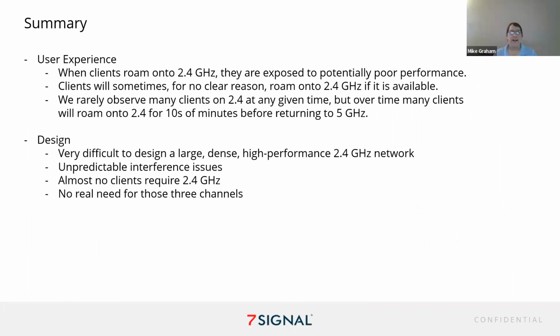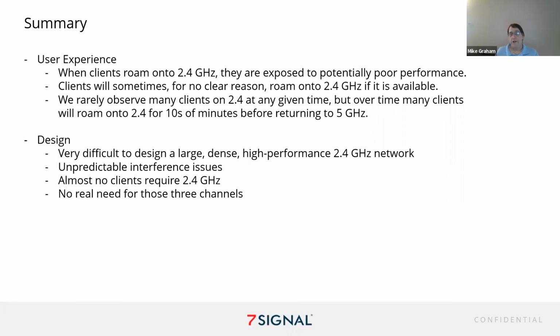That's the case. And I sort of summarize it with the user experience issues. We know that they have problems when they roam onto 2.4. We'll see them do that really for no clearly apparent reason. And like at that airport, there were very few actual clients connected onto 2.4. But as we see in Mobileye, clients will sometimes, and really for no clear reason, roam onto 2.4, 10 minutes, half an hour, and roam back.